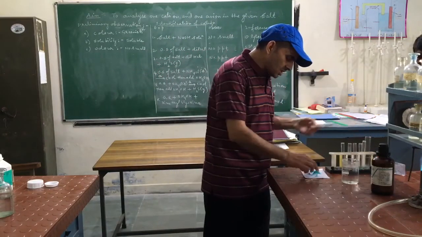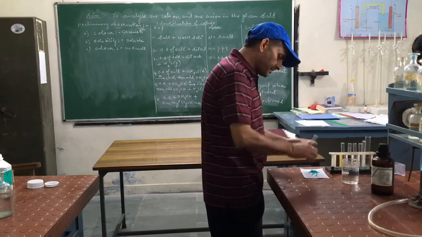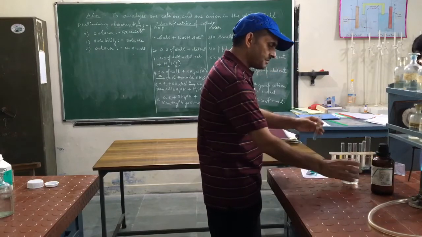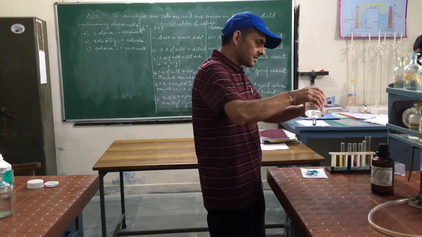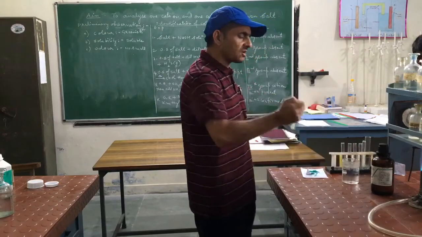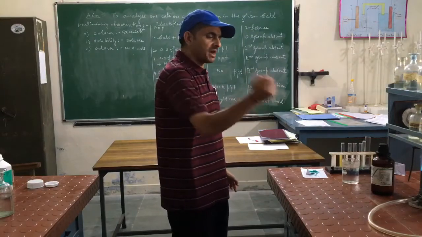We will take the salt in a test tube and make its aqueous solution. Then to this aqueous solution we will add, for the presence of sulfate, barium chloride.